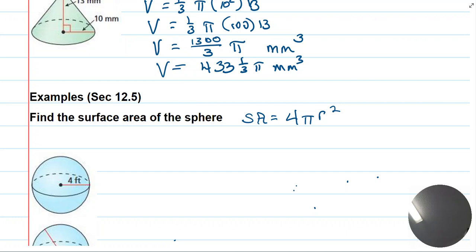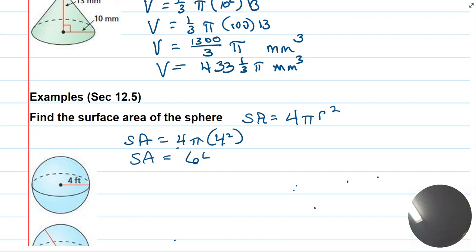So, surface area is going to equal 4 pi times 4 squared. Well, this one's easy. This is 16 and 4, and this is in feet squared.